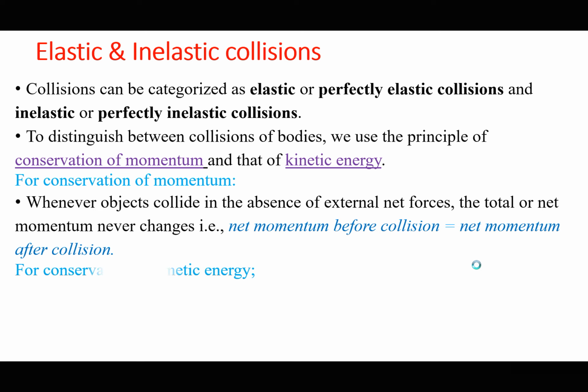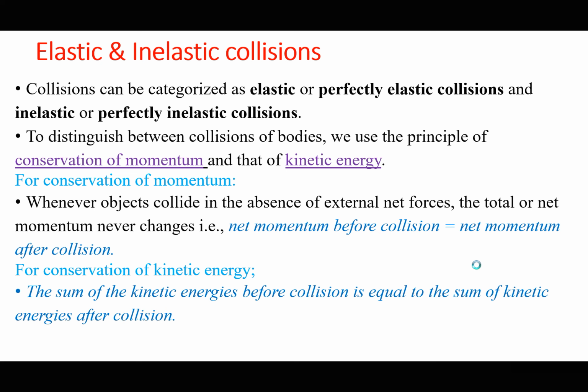For conservation of energy, the sum of kinetic energies before the collision must be equal to the sum of kinetic energies after the collision. This second condition is what helps us distinguish elastic collisions from inelastic collisions.